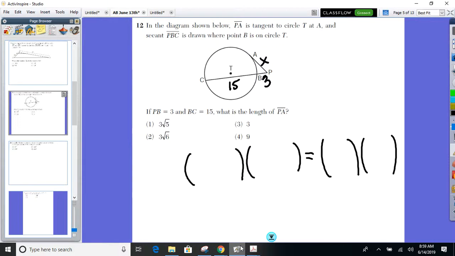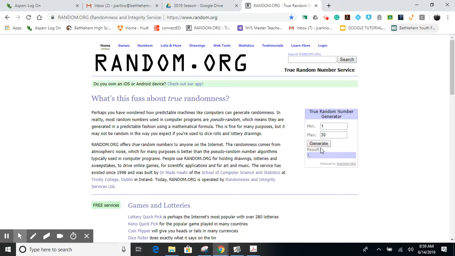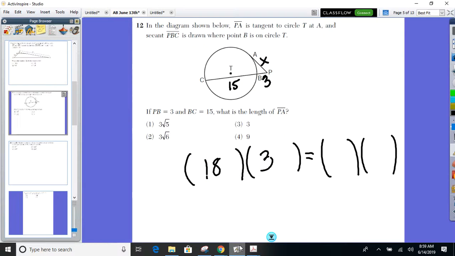Do I have a 16 in the house? Hi, Emma. Whole secant length? 18. How about its external length? 3. How about that tangent length? How about the external part? Also x. Also always the same for tangent.